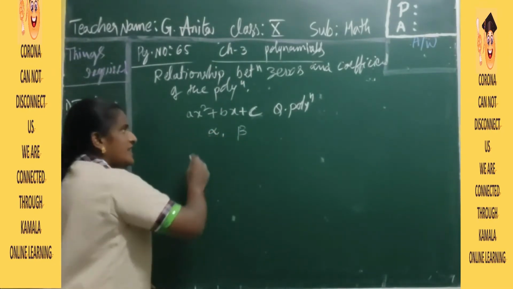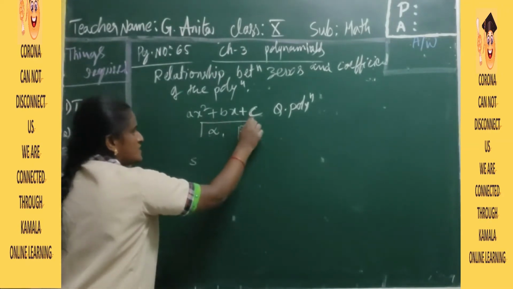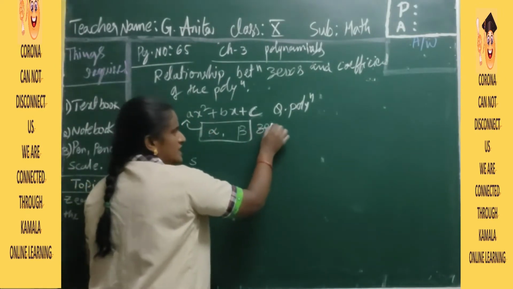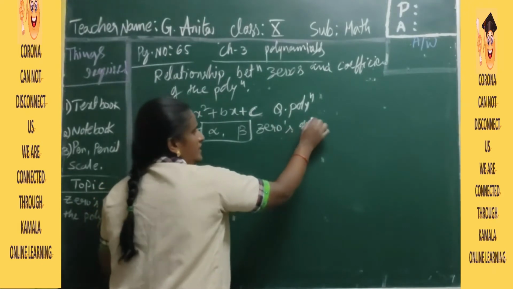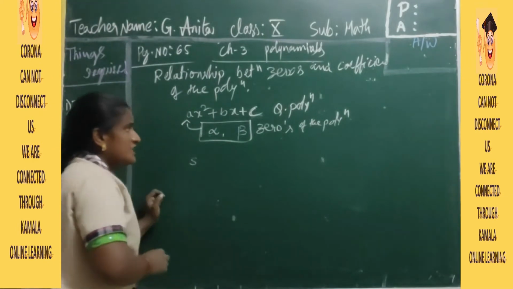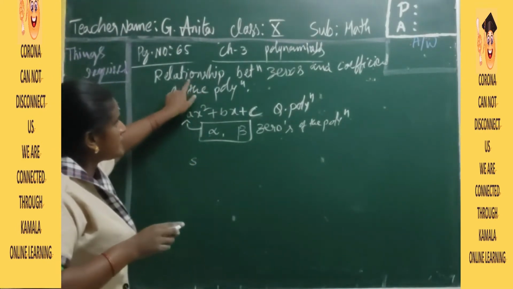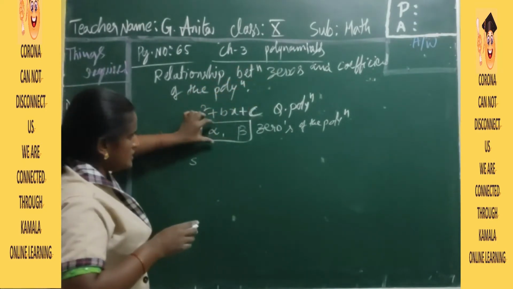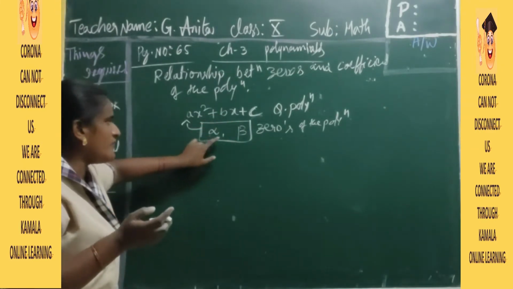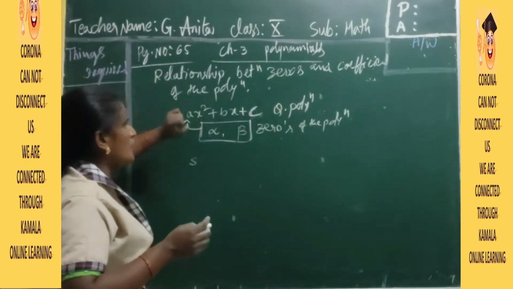So what is the relation between them? These two, alpha and beta, are the zeros of the given polynomial. What is the relation between zeros and coefficients? Then the coefficients of the polynomial.